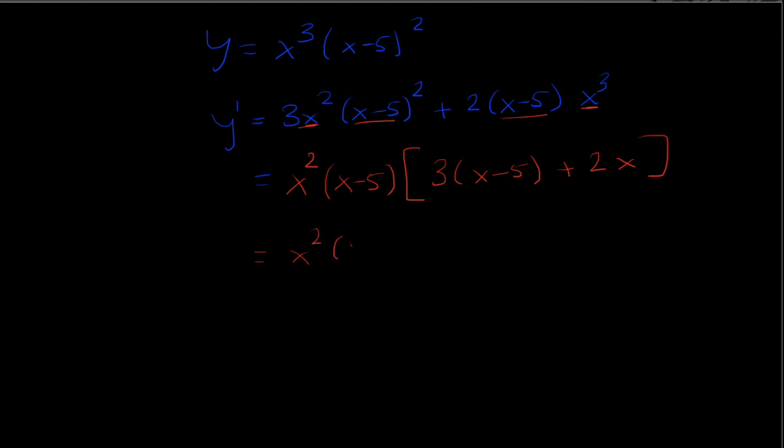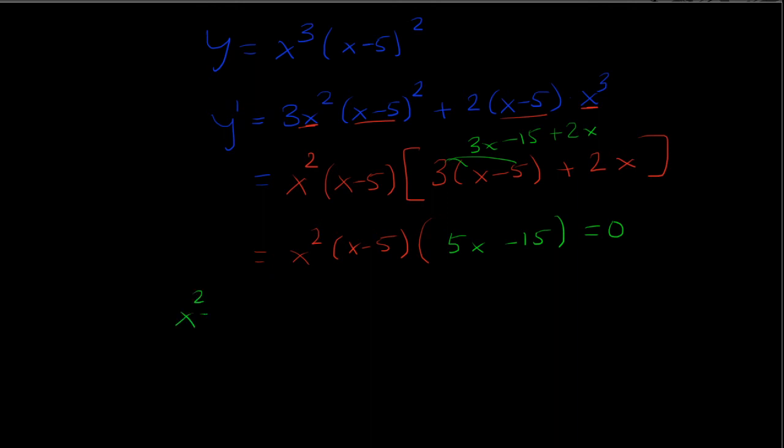So simplifying further. Okay, so I'm going to do an intermediate step. I'm going to distribute the 3 to get 3x minus 15. And then I'm going to add that to 2x, which will be 5x minus 15. And then I can set it equal to 0 now, because I'm happy with the factored form.